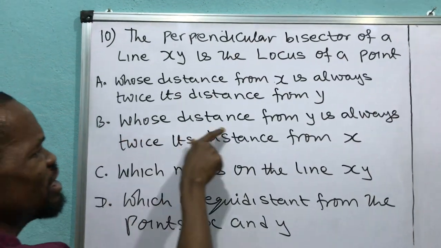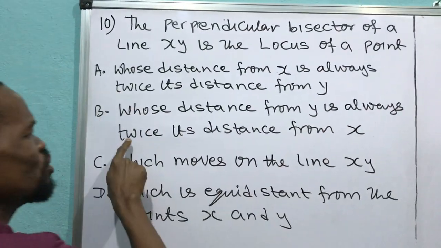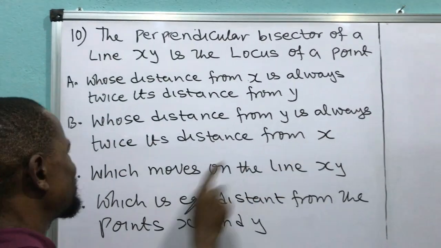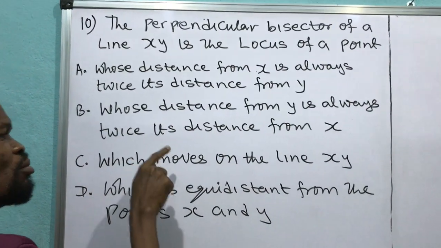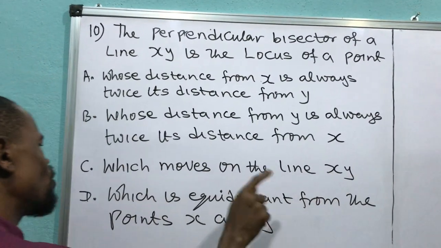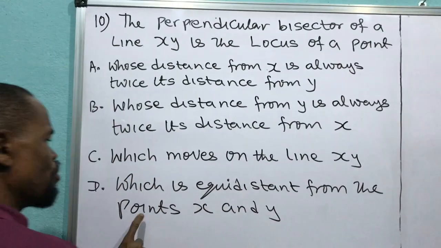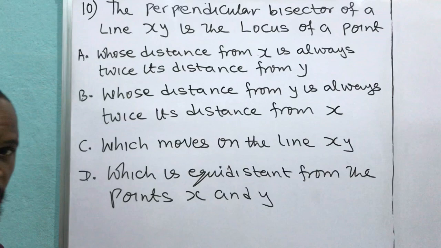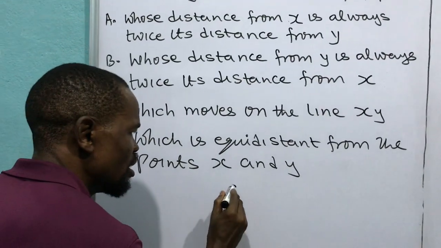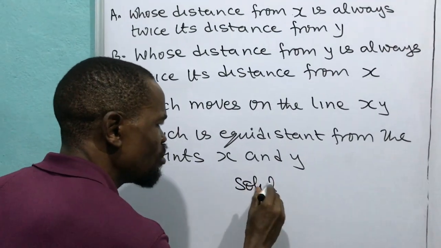B says whose distance from y is always twice its distance from x. C said which moves on the line xy. D said which is equidistant from the points x and y. Can we see it now? Solution. Let's see the one that will be correct among them.